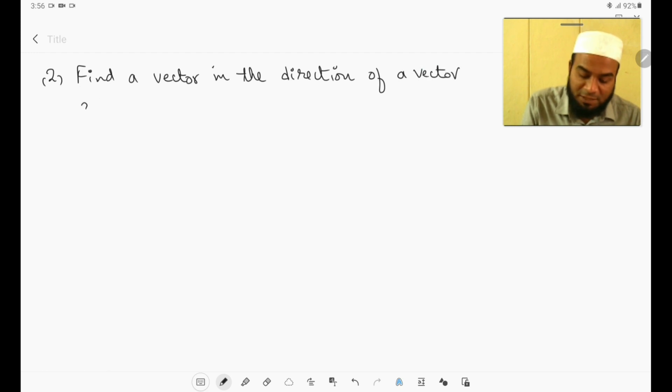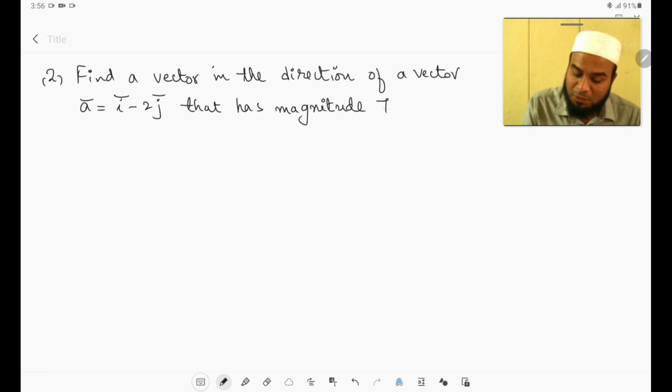Some vector is given, a bar equals i bar minus 2j bar. This is the given vector that has magnitude 7. That has magnitude 7 units, right?